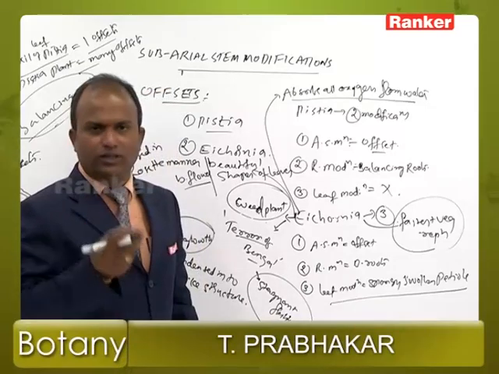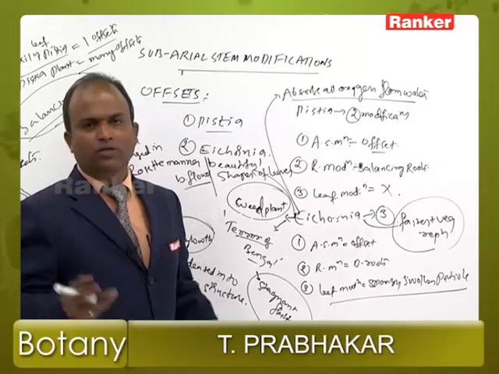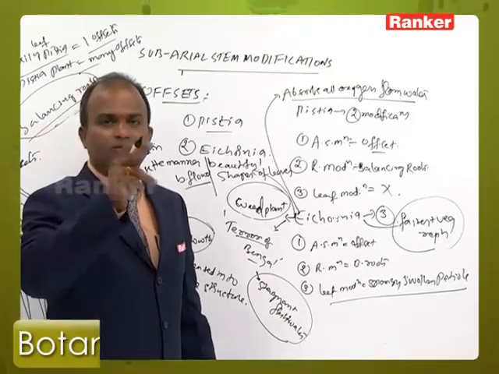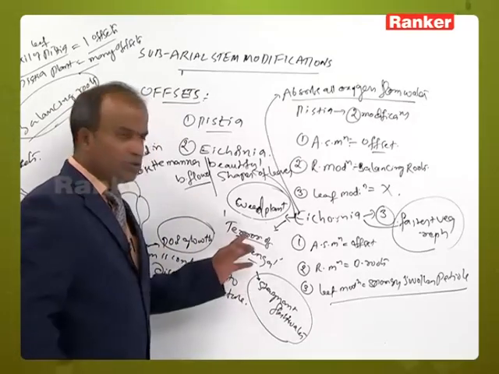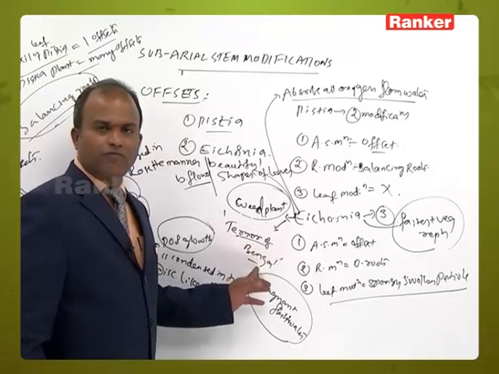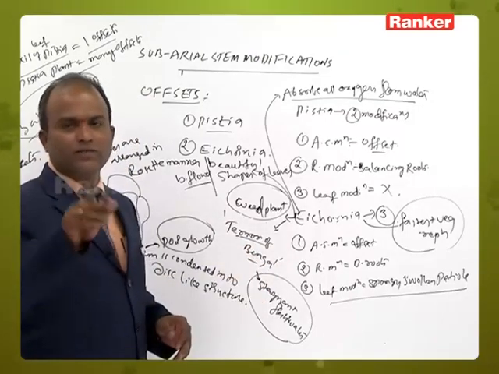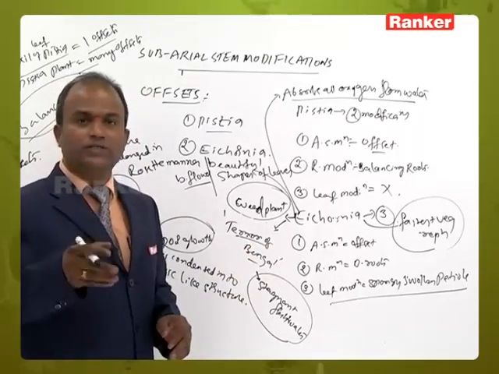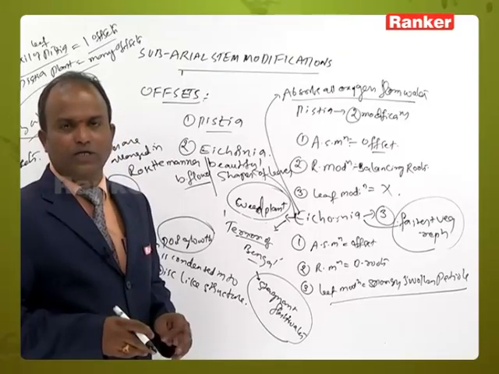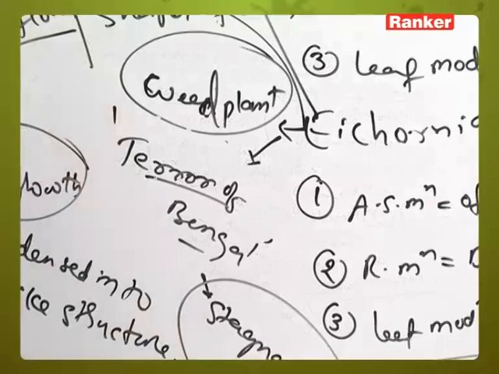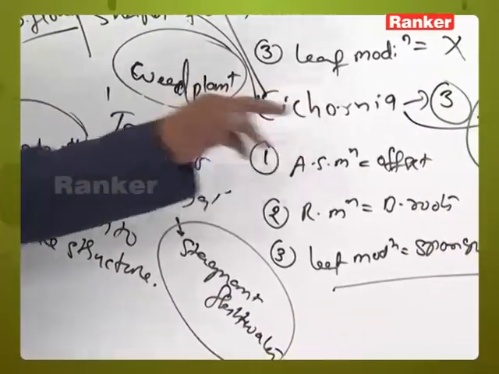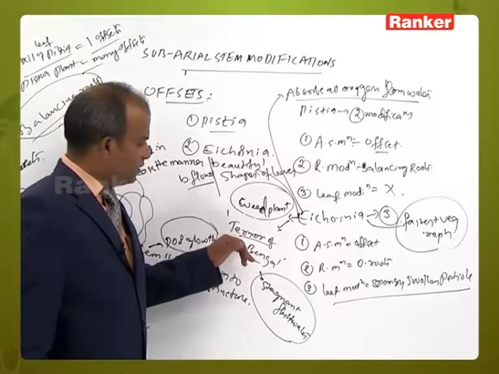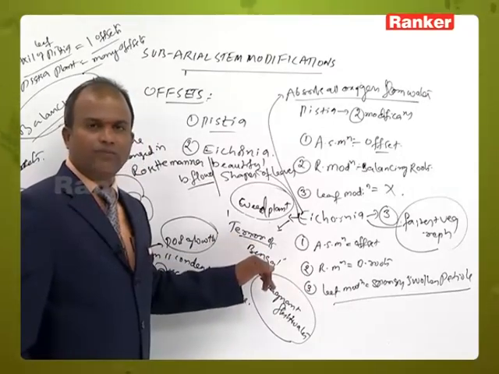No, due to which the fishes undergo death. That is why it is called the terror of Bengal. Why? Because in Bengal, fish is taken as vegetarian food, not as non-veg food. So that's why the fishes are dying because of this Eichhornia, and that's why it is called the terror of Bengal.